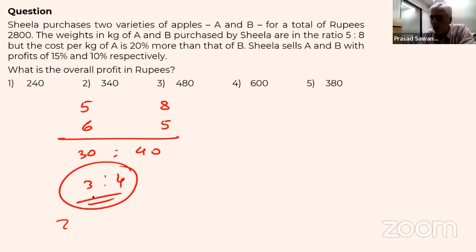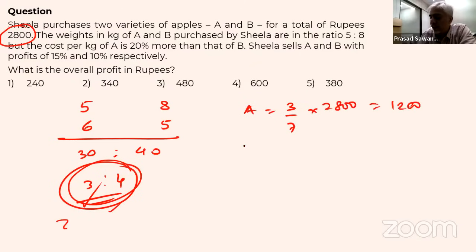Right? Now divide 2,800 in the ratio 3:4. So A was 3/7 of 2,800, which will be 1,200, and B was 4/7 of 2,800, which is 1,600.